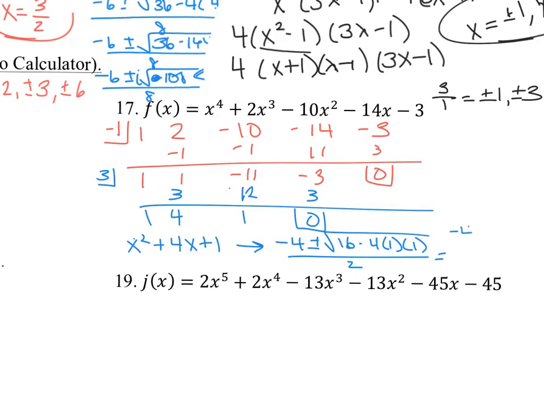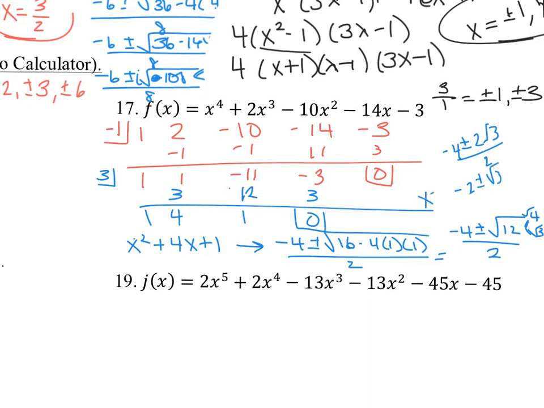Now I have negative 4 plus or minus 16 minus 4, which is 12, all over 2. And notice, it's not imaginary. They're irrational solutions, which means I am not going to be able to find them without the quadratic formula. The square root of 12 simplifies, so I have negative 4 plus or minus 2 rad 3 over 2. So I have negative 2 plus or minus rad 3, all said and done.